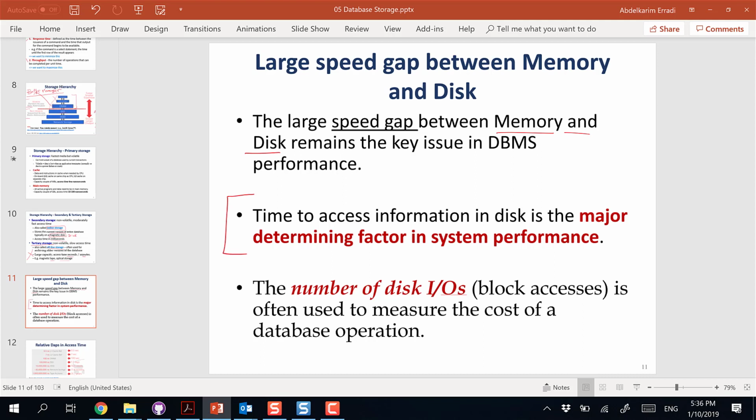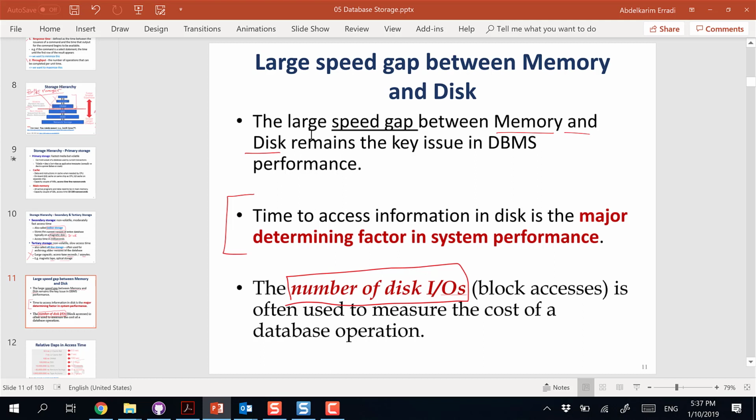In fact, as we will see moving forward in query processing, when we want to measure how much a database operation costs, the unit of measurement is basically the number of disk IOs, or the number of blocks you will be reading and writing. So you can ignore all the CPU processing and all the transfer to memory. Those are negligible when you compare them with the disk IO.